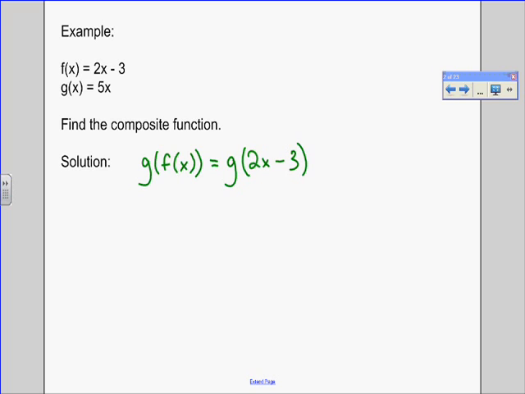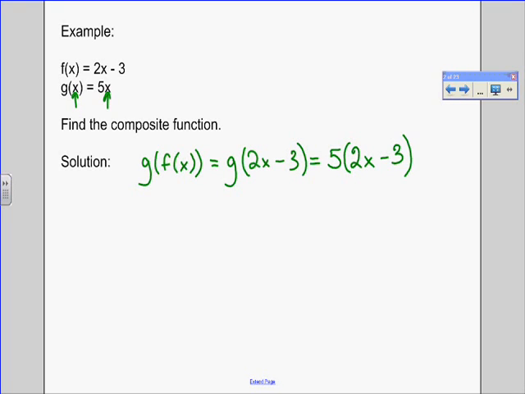Okay, so instead of having g of x, I'm replacing that x there with my value of f of x, so an entire thing. So what does that look like when I actually substitute it into my function g? It looks like this. 5 times, it's not x anymore, it's 2x minus 3.